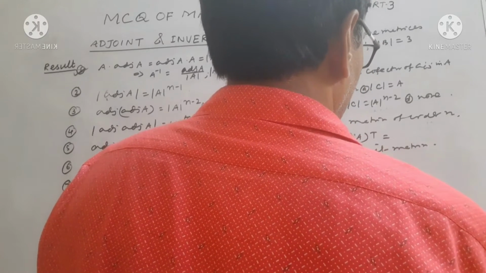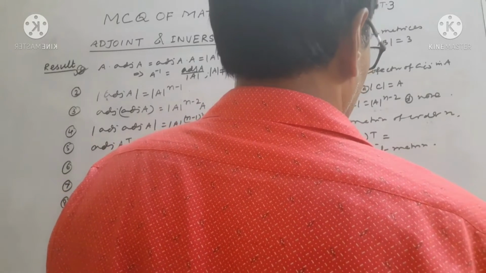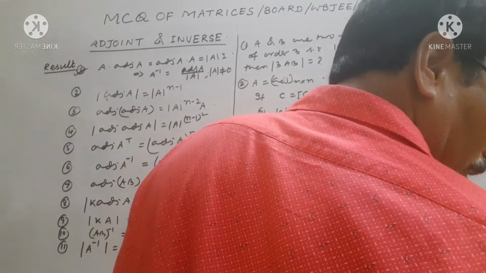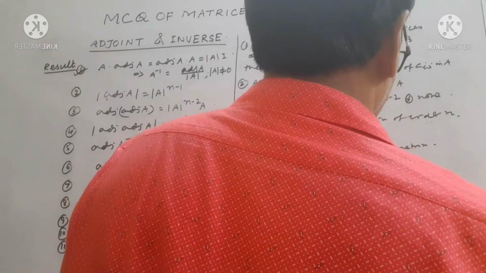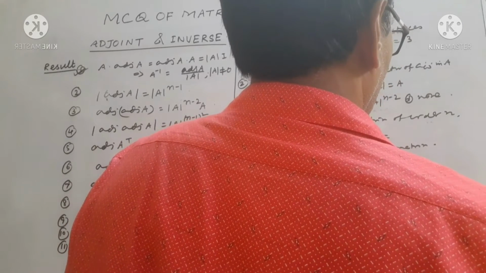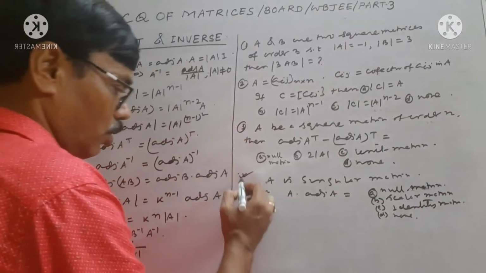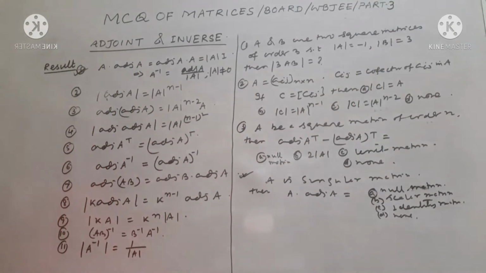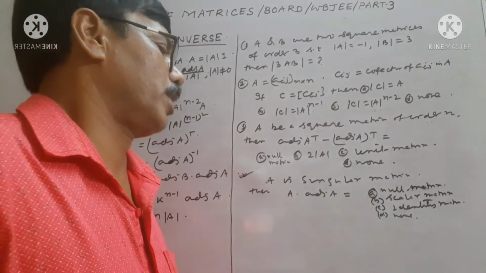Option B: scalar matrix. Option C: identity matrix. Option D: null. So there is an MCQ problem. A is a singular matrix. A into adjoint of A equals what?